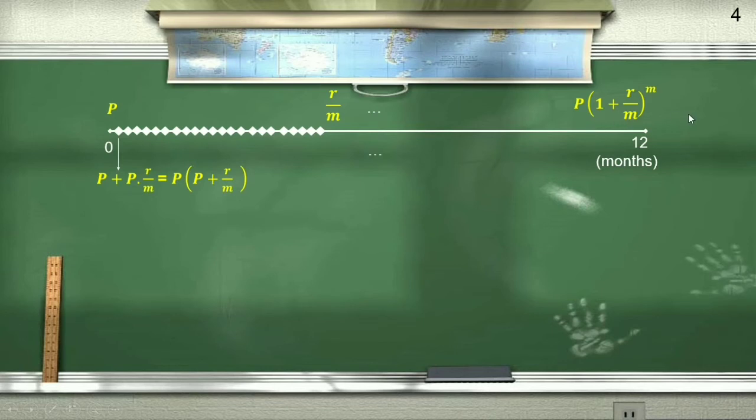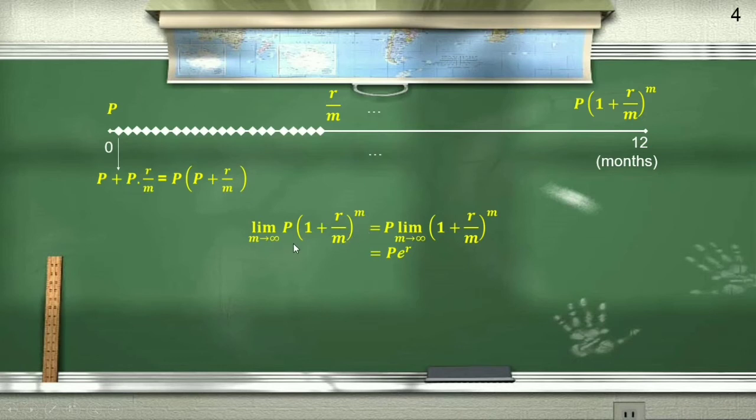Now, by using this idea, we are going to determine the future value of capital P if the interest rate is compounded continuously. And we are going to apply a concept in mathematics called limit. Continuously means the limit as m approaches infinity of P times (1 + r/m)^m.